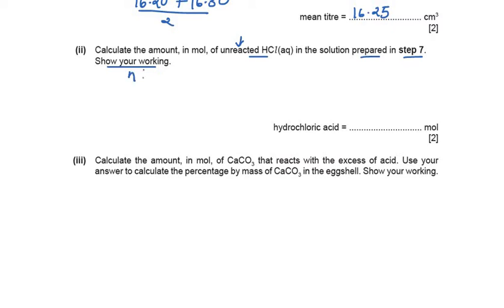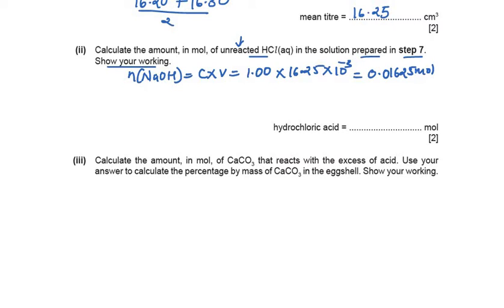So first we are finding the moles of NaOH, which is concentration times volume. The volume we calculated is 16.25 and the concentration was 1.00, so 1.00 times 16.25 divided by 1000. Our answer would end up as 0.01625 moles.